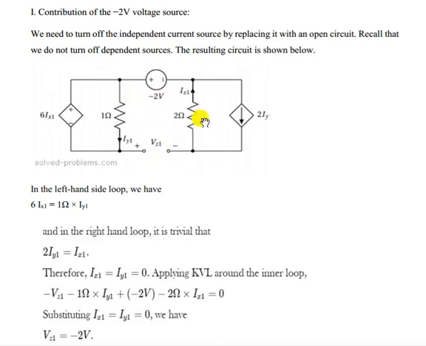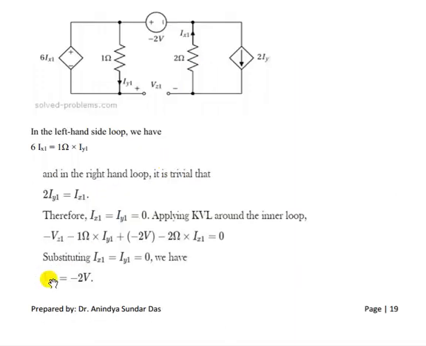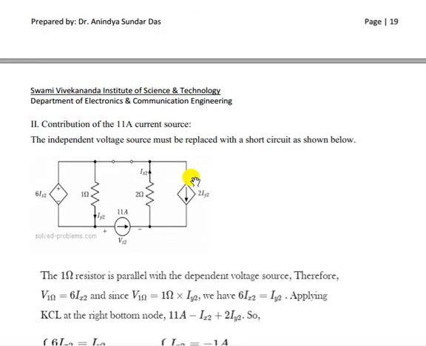So Ix1 and Iy1 both are nothing but 0 because it is open circuited. So what is the value of Vz1 across this? That is nothing but minus 2 volt because these two are in parallel now. No drop in these two resistances. So Vz1 is minus 2 volt, Ix1 and Iy1 equal to 0.